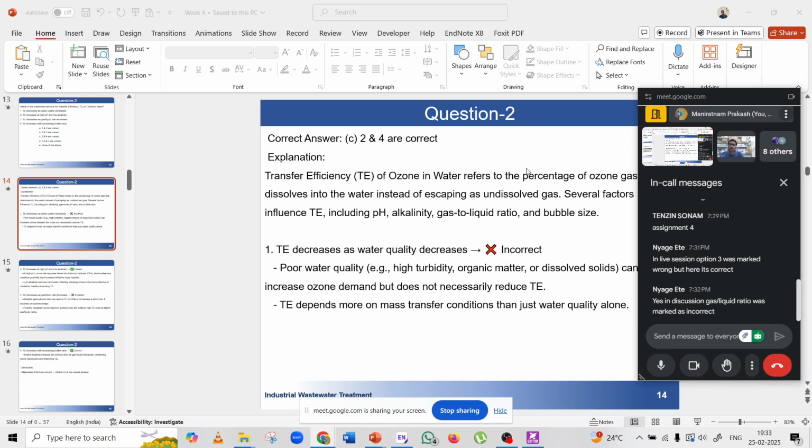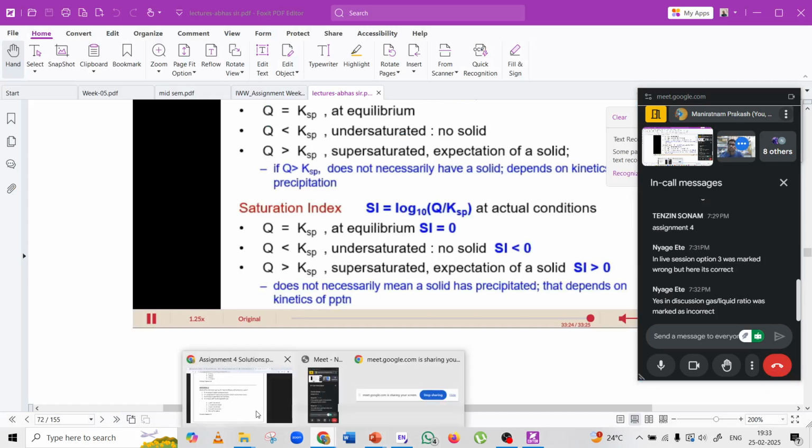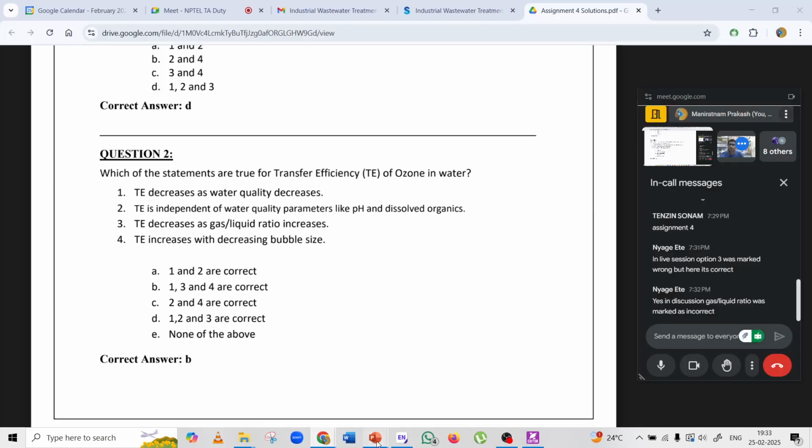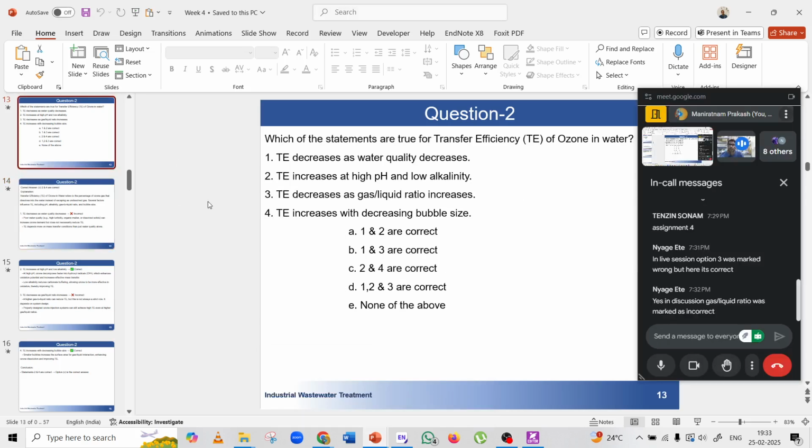Yes, sir. They have mentioned T decreases as water quality decreases. Yeah, that is correct. This is a wrong statement. Only 2 and 4 are correct: at high pH, increasing the bubble size, decreasing the bubble size.